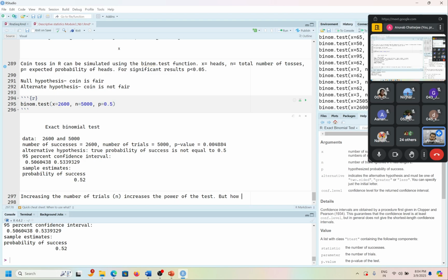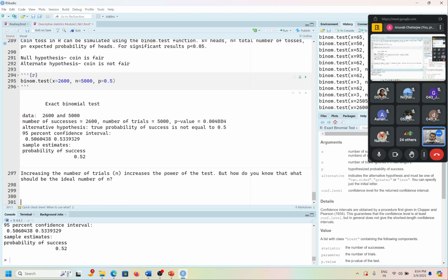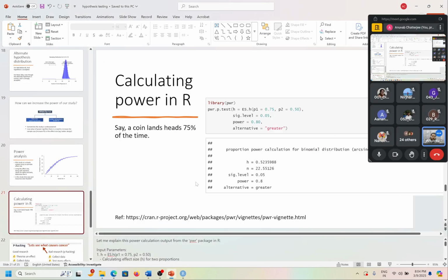But how do you know what should be the ideal number of n? You understand what I am talking about, everyone? Yes, sir. Okay. So how do you do that?